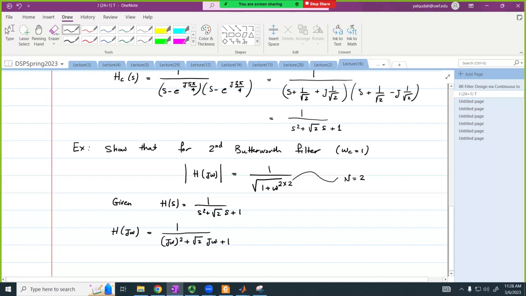And therefore we can write this as equal to 1 over 1 minus omega squared plus j square root of 2 multiplied by omega.